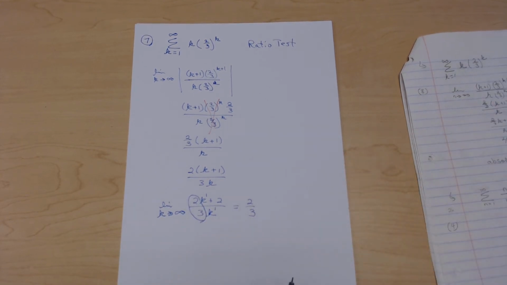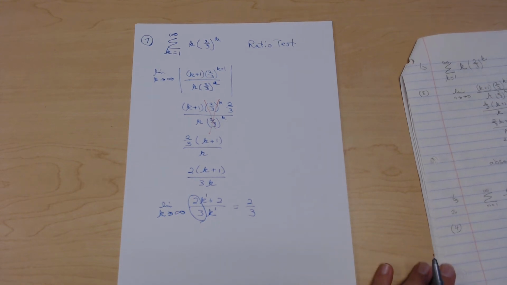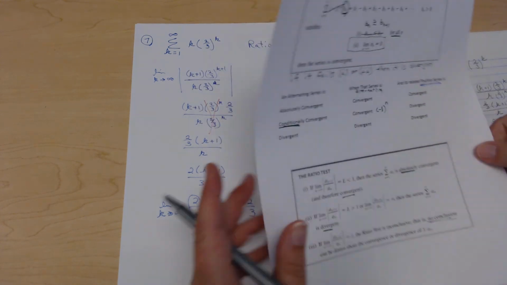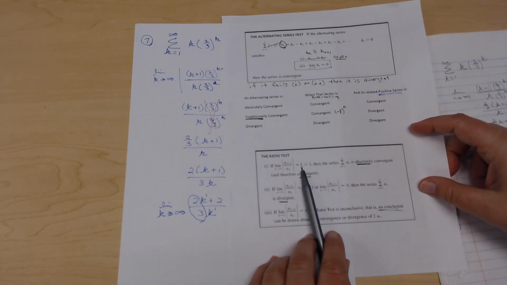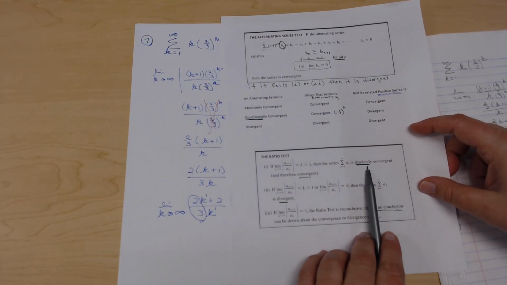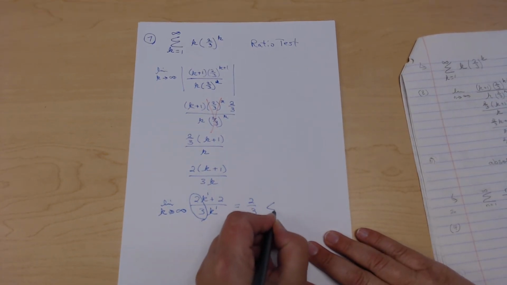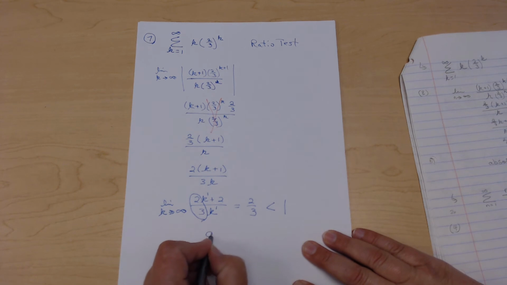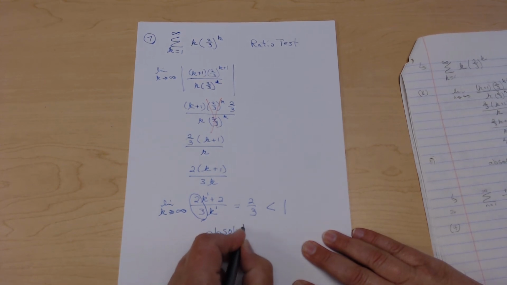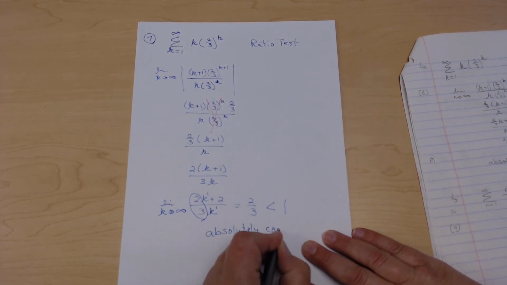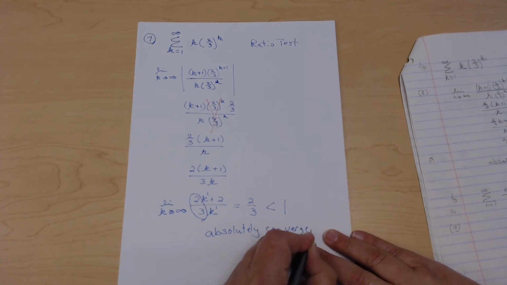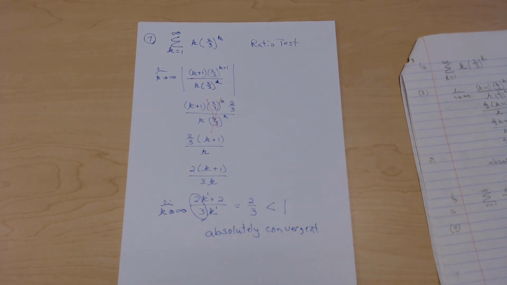The ratio test says as long as my limit is less than 1, it is absolutely convergent. So less than 1, absolutely convergent. All right, we're cruising.